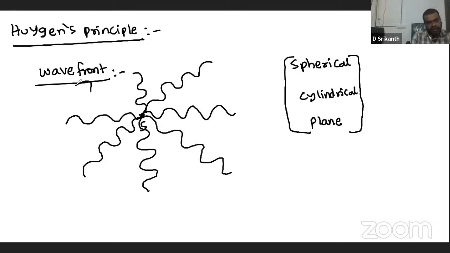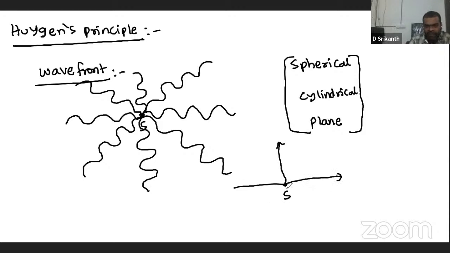All these light rays will travel up to a distance r.